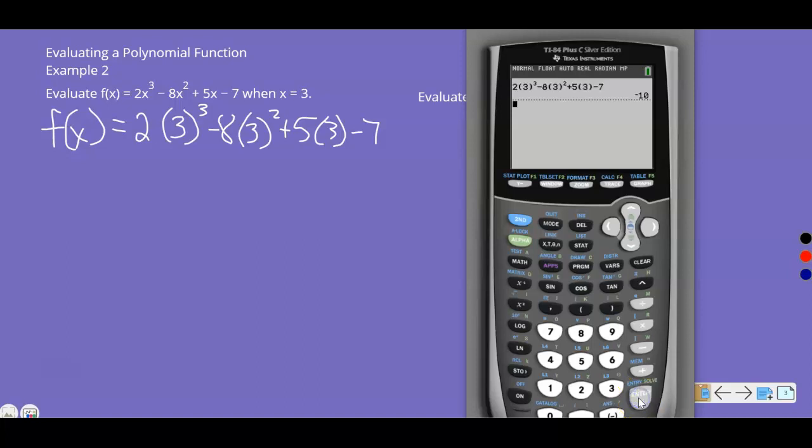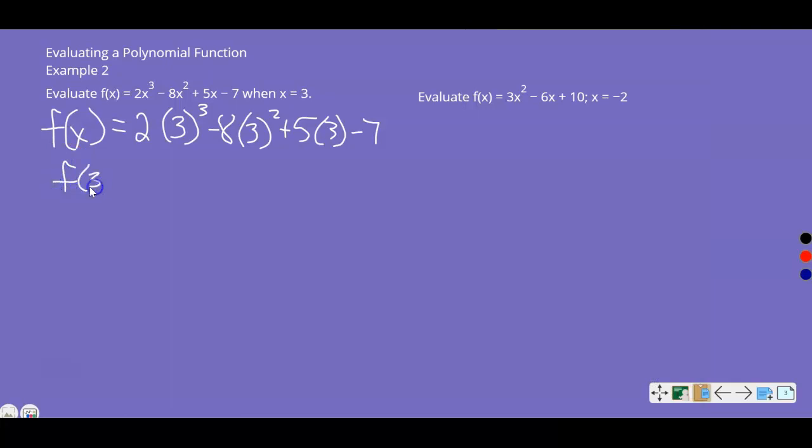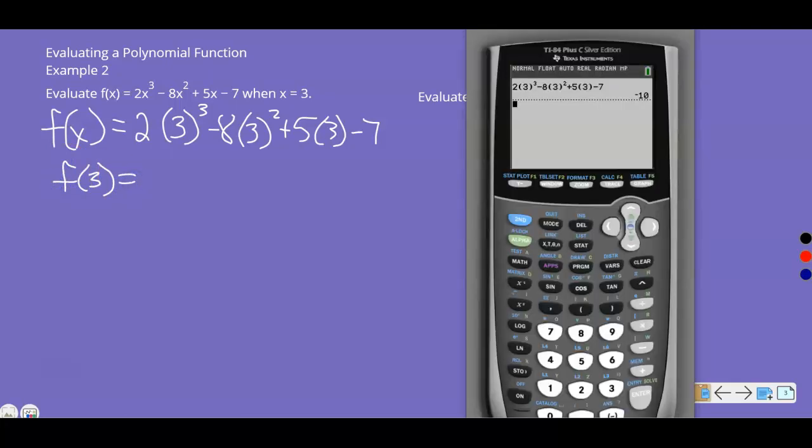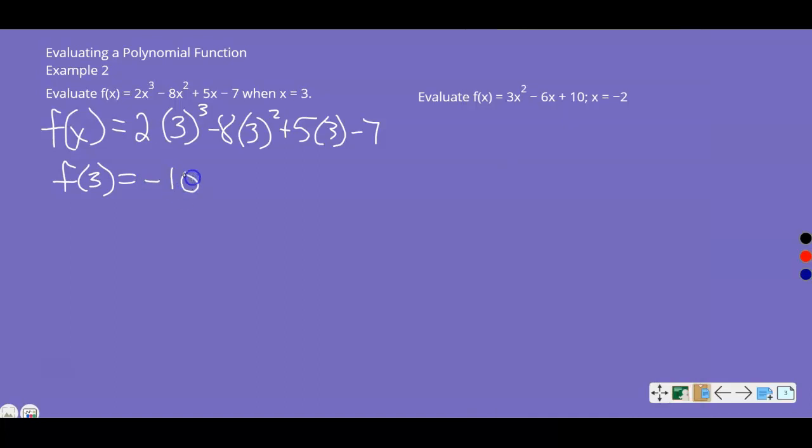So this is one of those cases where if you get everything plugged in correctly, it's easy to get the answer. So you can say f of 3 equals negative 10. So when x is 3, that was given, the output, the y value, f of x, is negative 10. All right, so take just a moment and go ahead and try to do the next one on your own.